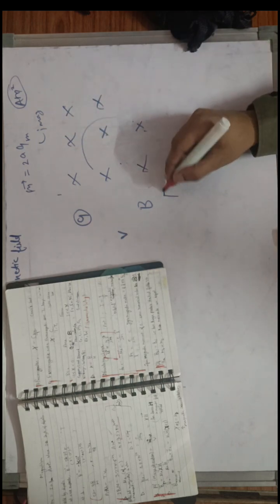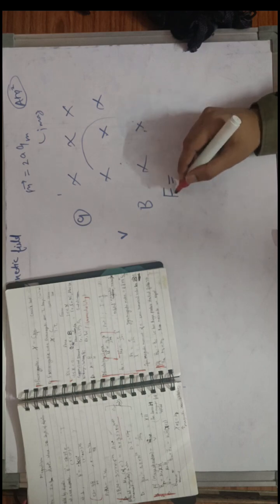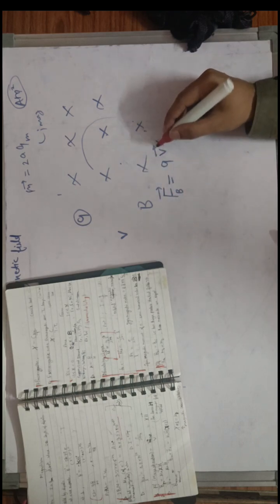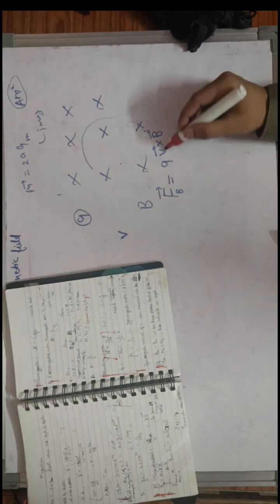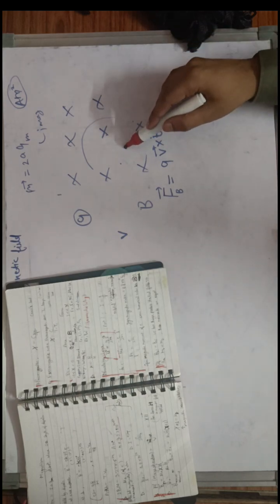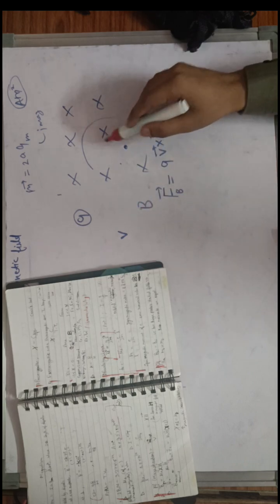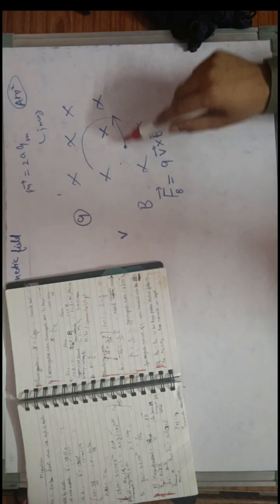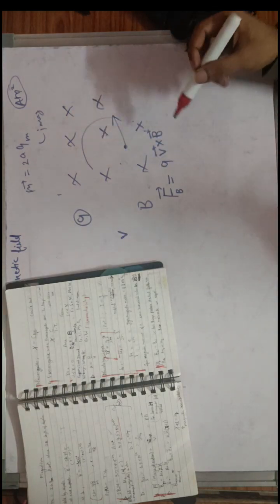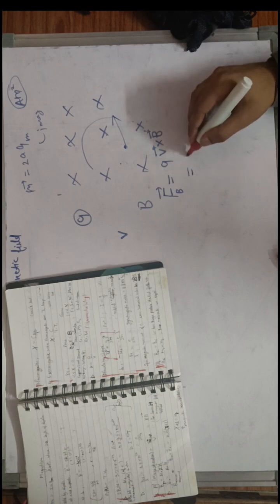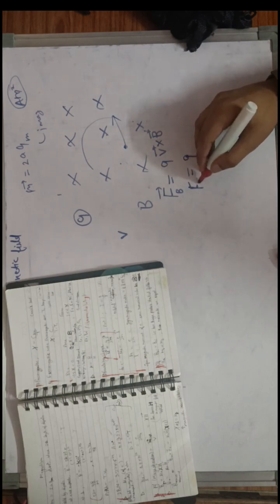We say that the magnetic force on the charged particle will be equal to Q times V cross B. V cross B means the component of the velocity V that is perpendicular to the magnetic field. Let's call this perpendicular component V perpendicular.